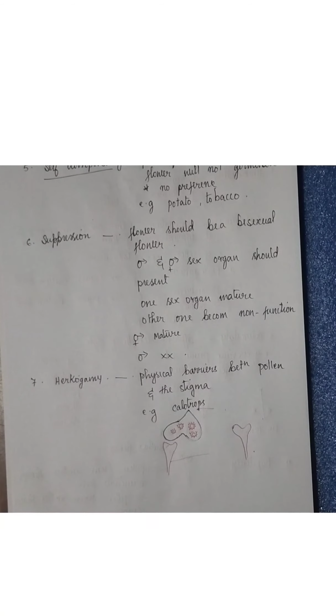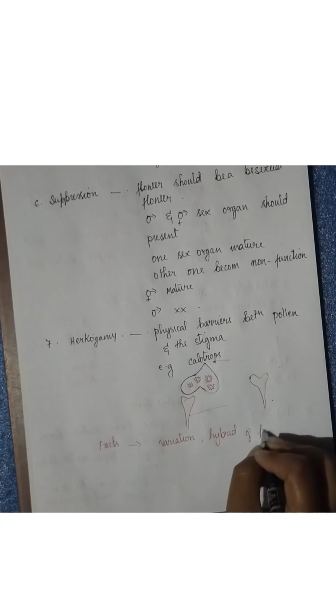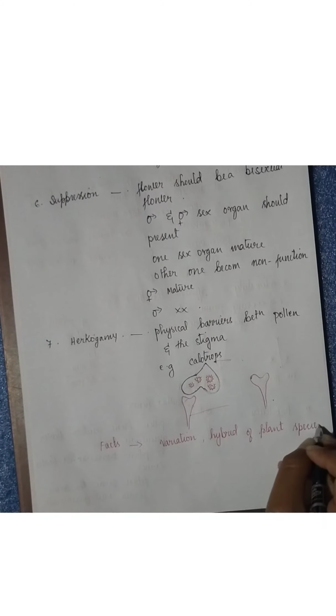So that's all for the adaptations of a cross-pollinated flower. There's one fact for cross-pollination. In cross-pollination, variation occurs and hybrids of plant species occur.